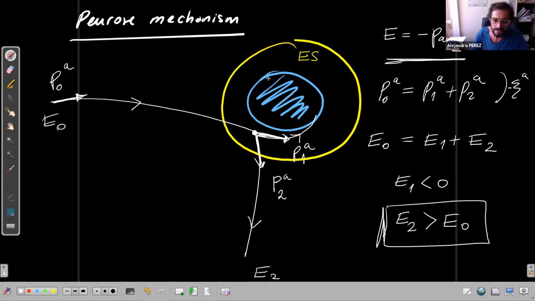But outside the ergosphere, nothing with negative energy can exist. So at least from there, we know that this particle will have to remain trapped inside the ergosphere. A more detailed analysis shows that this particle will end up being absorbed by the black hole. And so that's why this picture is like that. So how much energy can we extract?